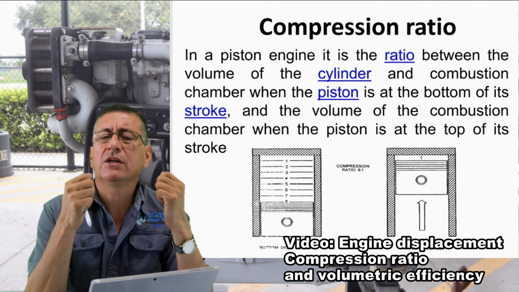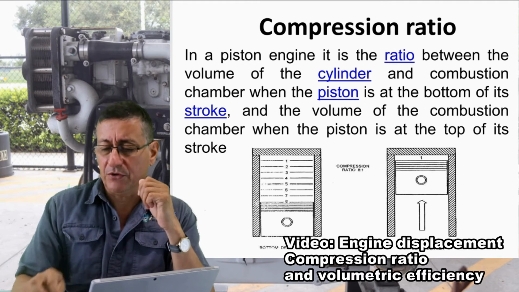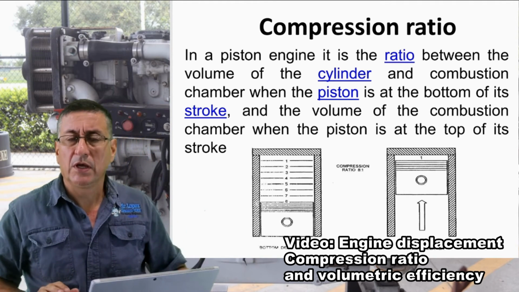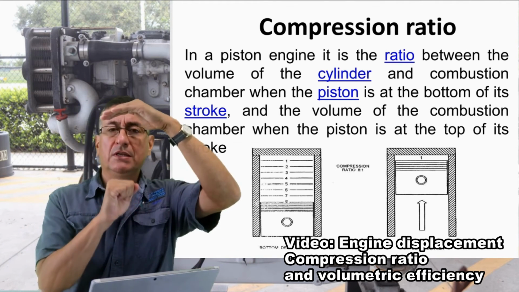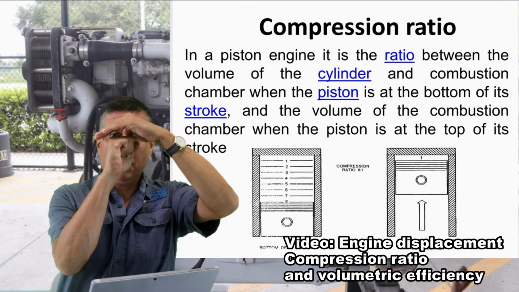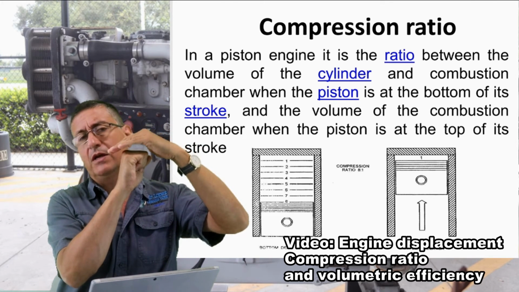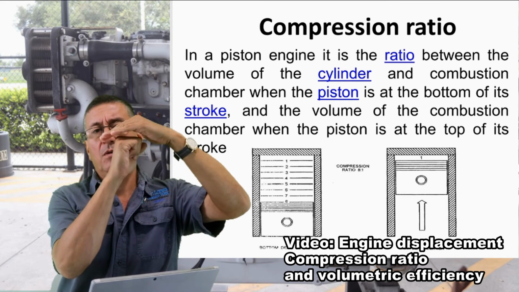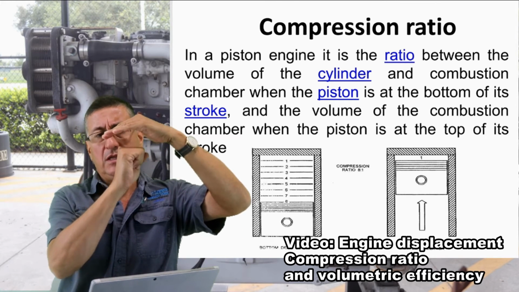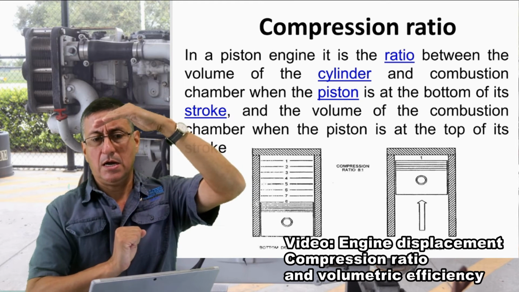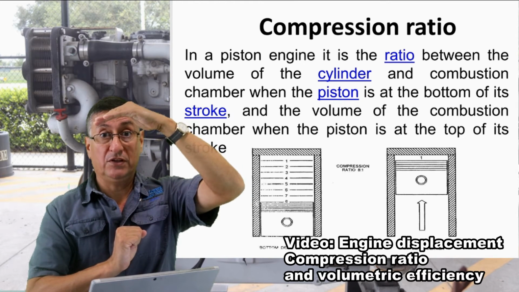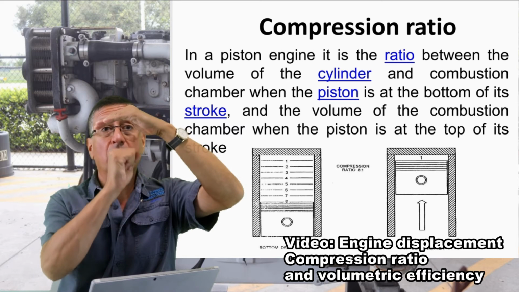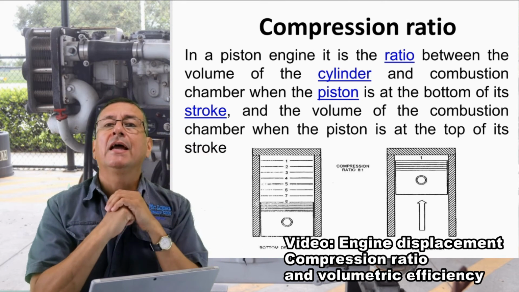Okay, we are going to try to understand the meaning of compression ratio. But it's very simple. You remember when the piston is at top dead center? You remember that small volume? What is the name of that volume? It's the volume of the combustion chamber. And you remember what happens when the piston is at bottom dead center? This is the total volume of the cylinder, no? And this is the volume only of the combustion chamber.